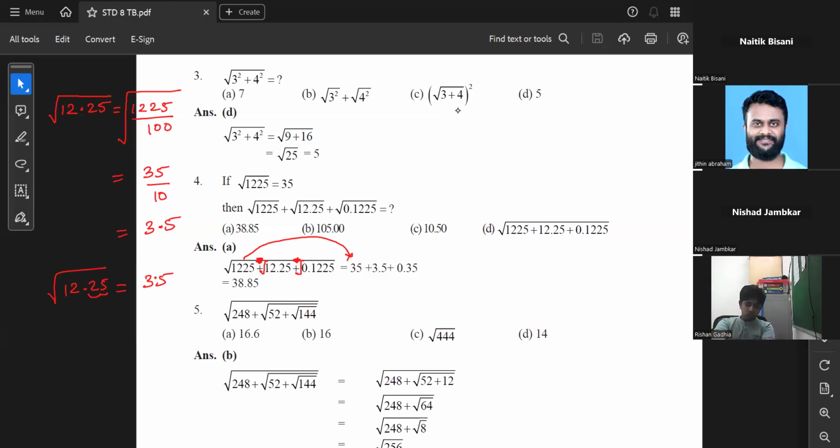But when you are multiplying two perfect squares, their answer will always be a perfect square. In case of multiplication, and division also? Let me just think.